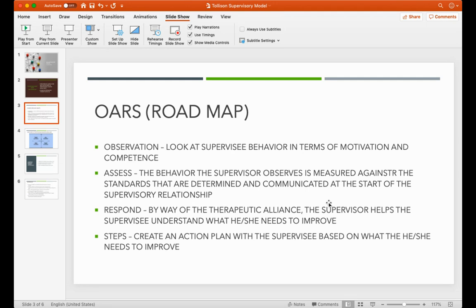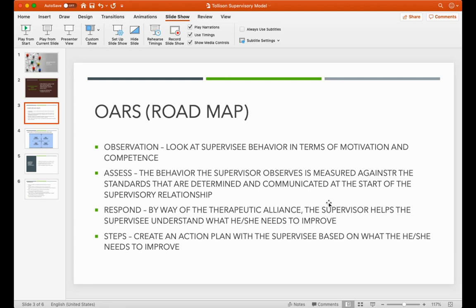As we move throughout, we want to know from the start that we're observing with motivation and competence in mind, because that's where we are in our assessment. Those are the questions we're going to be asking, and as we build a plan and a visual model for where and what level the supervisee is on, we want to have those terms already in mind.